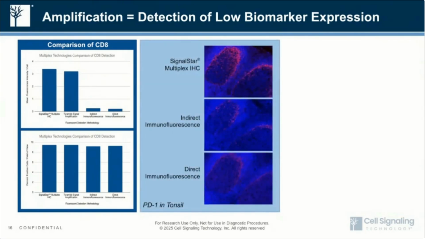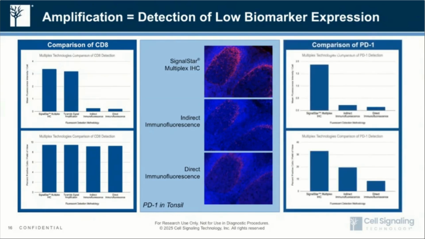However, when you start looking at targets that are more variably expressed in tissue, such as PD1, which responds to the immune response and an active immune response, you're going to see that some cells are brighter, some cells are less bright, and PD1 can be very low expressed on some of the cells within your tissue.